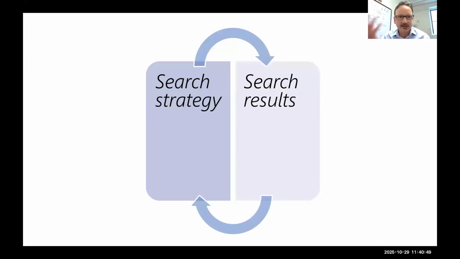And so one way to think about it is as a feedback loop here, where certainly our search strategy is informing our search results. We get no search results if we have no search strategy, right? So definitely you see that connection, but there's also this feedback from the search results informing the structure of the search strategy, or informing the optimization of the search strategy. So an example might be you get some on-target results. Yay, from your search strategy.